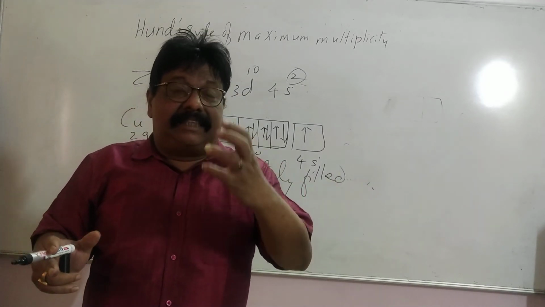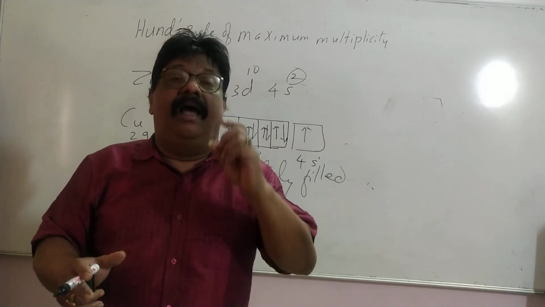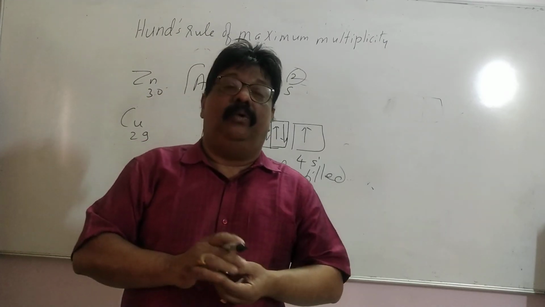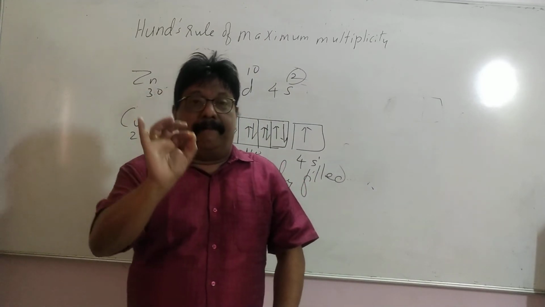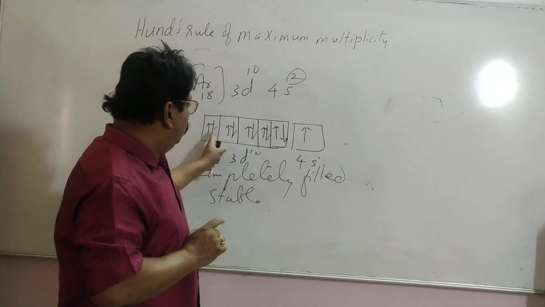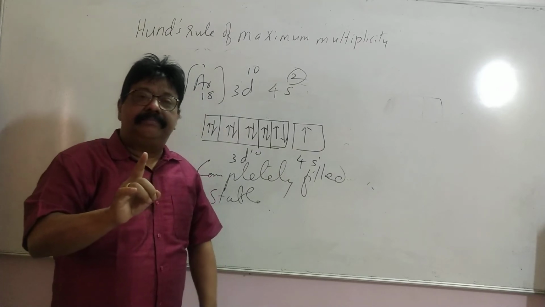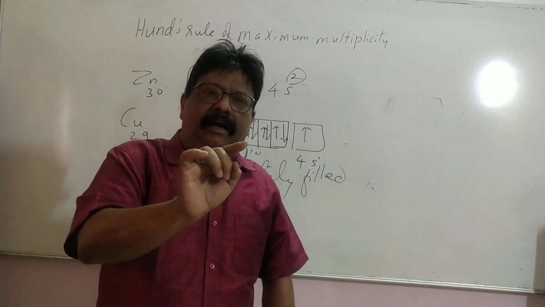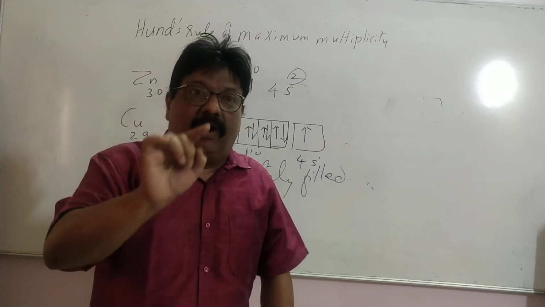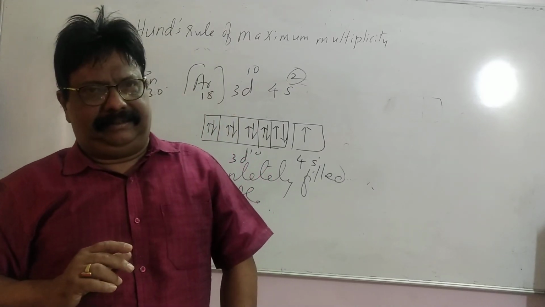These are some of the examples of which one? Hund's rule. So what is Hund's rule? In 2 ways I can define it. Pairing up of electrons: if electrons are to pair up, only after degenerate orbitals each get 1 electron each.